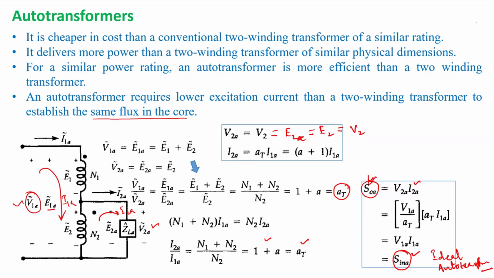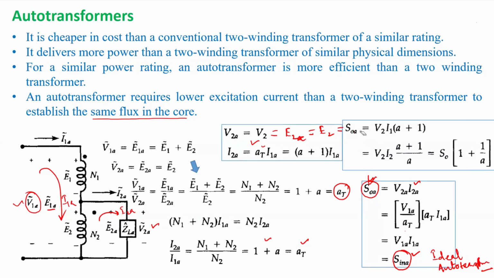Okay. Because these cases are ideal, therefore I can write V2A equal to V2. And your I2A will be equal to AT I1A. Already I know this relation, right? I2A equal to AT I1A. So AT I know is equal to A plus 1. Therefore I2A will be equal to (A plus 1) into I1A.